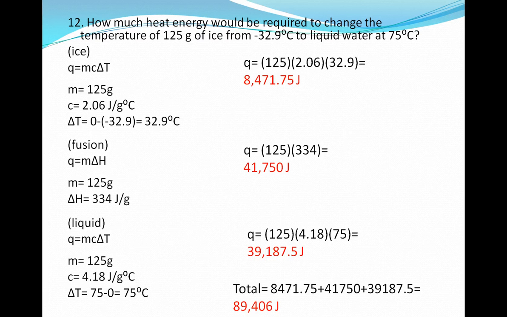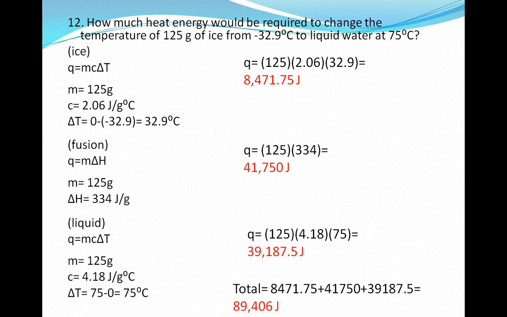Question 12 asks how much heat energy would be required to change the temperature of 125 grams of ice from negative 32.9 degrees Celsius to liquid water at 75 degrees Celsius. So when it's in the state of ice, or solid, it's Q equals MC delta T, because there is no phase change.